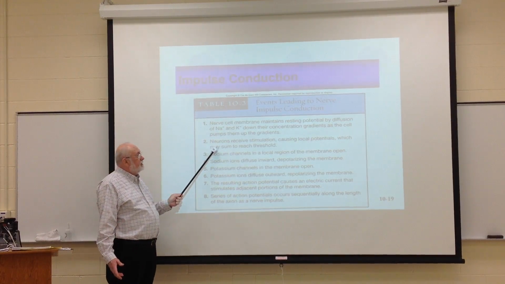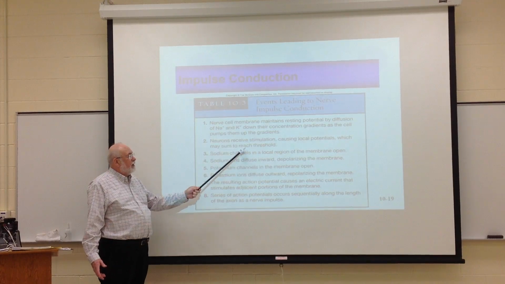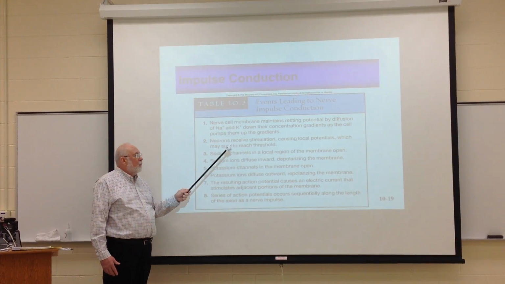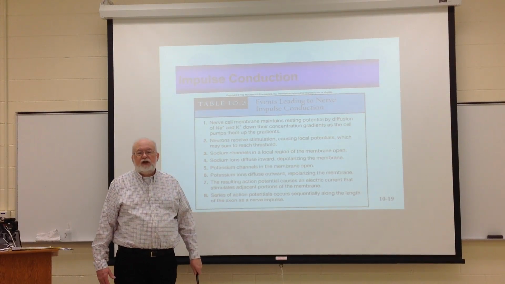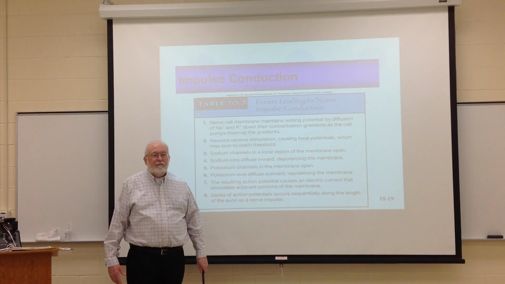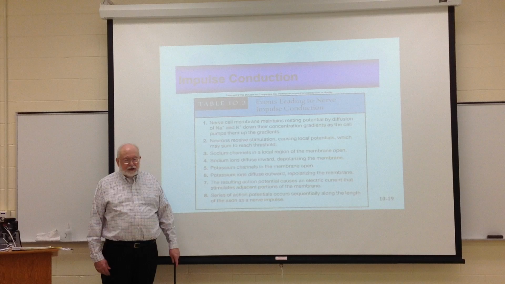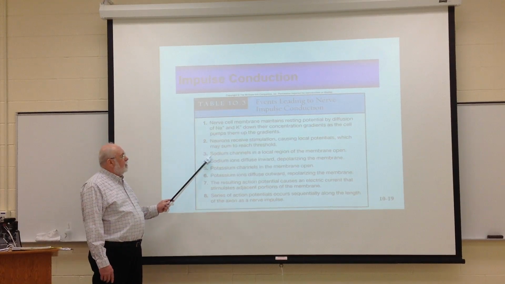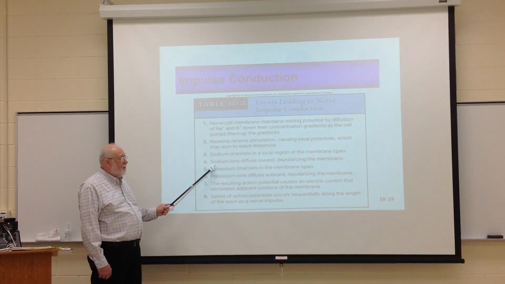Neurons receive stimulation, causing local potentials, which may come to reach threshold. What were the stimuli that would open up those sodium channels? Chemical, temperature change, or pressure. Sodium channels in the local region open up.